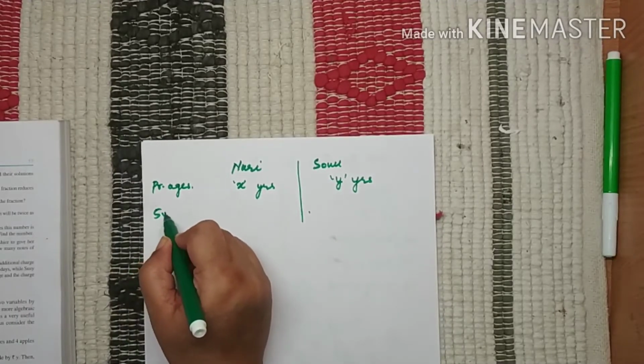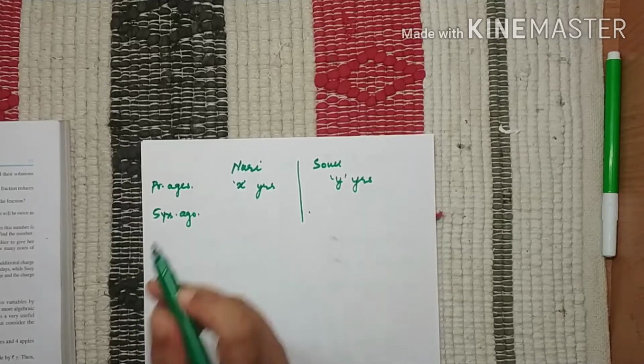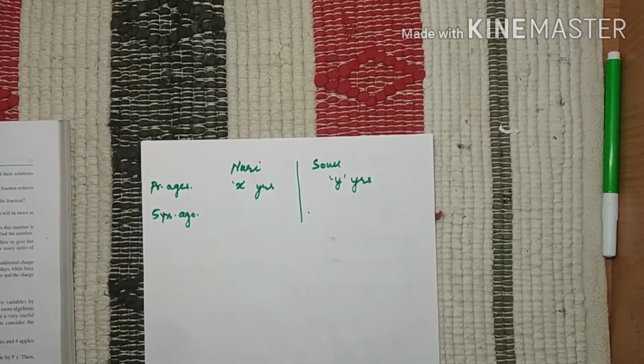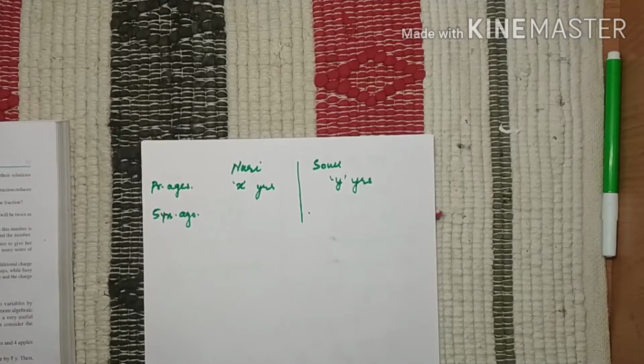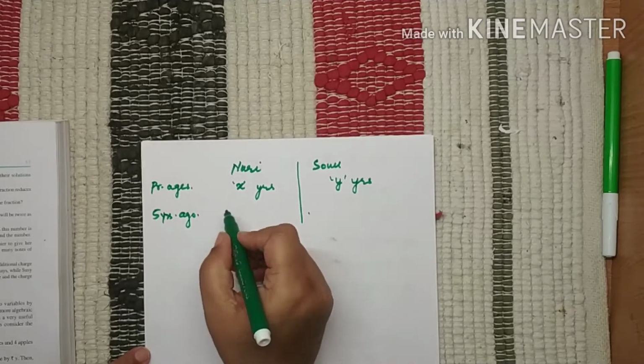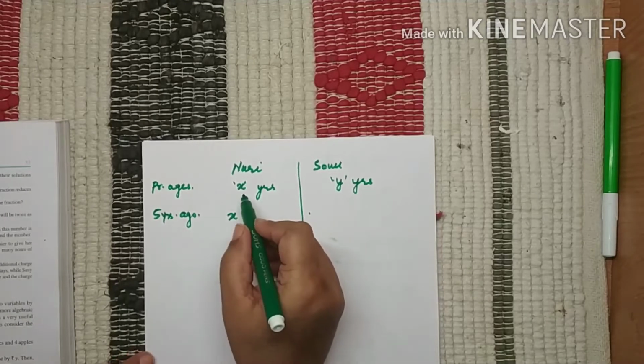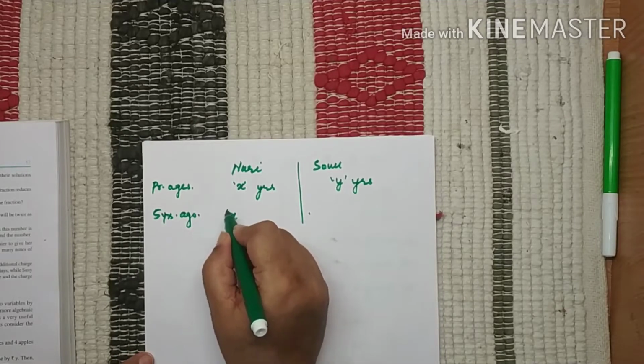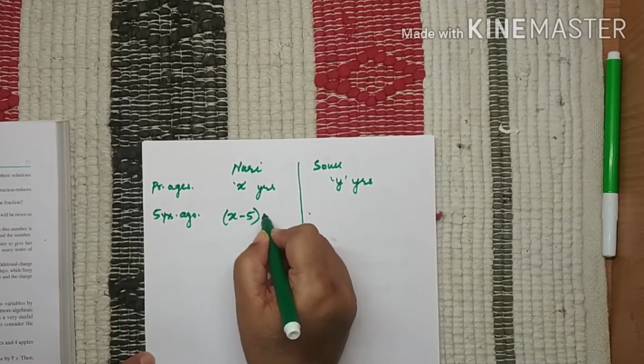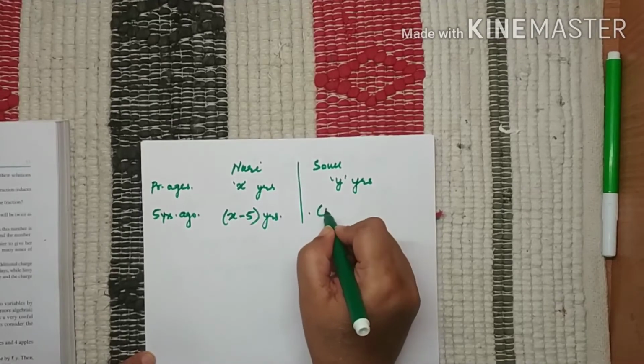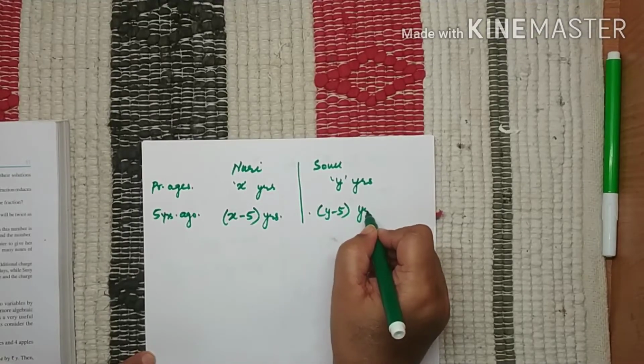5 years ago. Children, if right now you are 15 years old, what was your age 5 years ago? Ago means before. So 15 minus 5, you were 10 years old. Similarly, if Noori is currently x years old, her age 5 years ago will be x minus 5 and Sonu's will be y minus 5. And what is the relationship given?